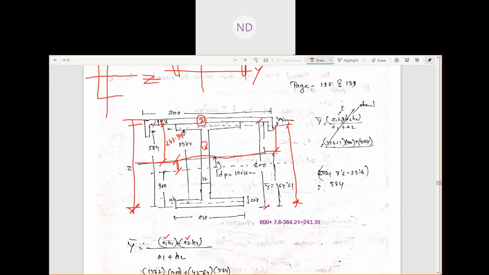Okay, so once you get this distance, obviously you can minus this CG of the channel section 23.6, and you will get this distance between the CG of the channel section here and the CG of the entire built up member. Okay, so that is this one here.